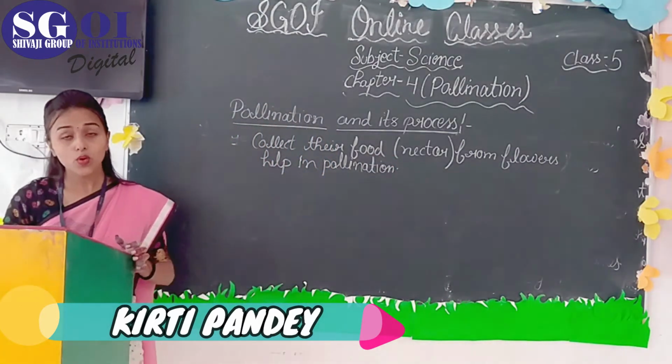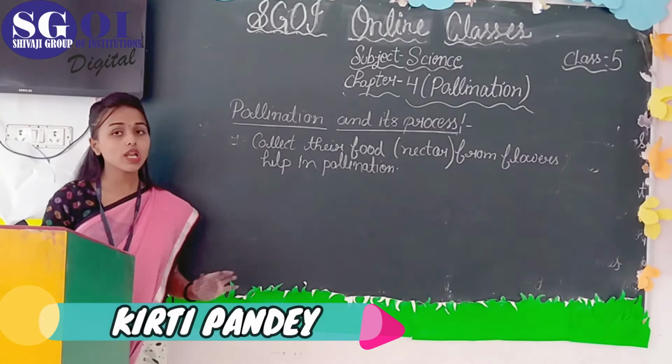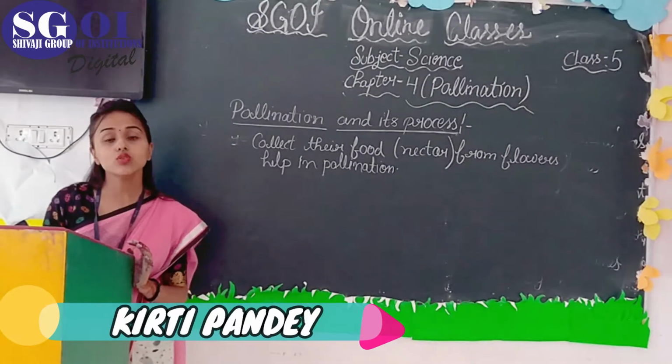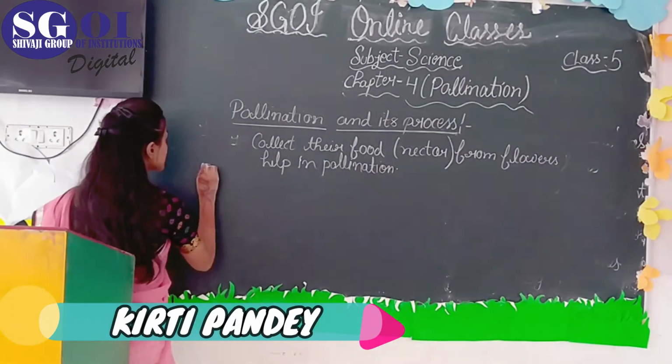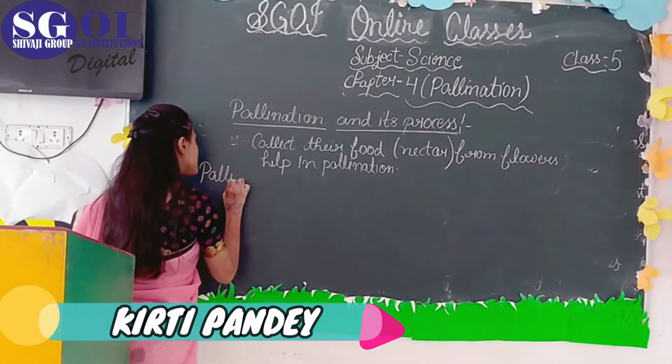The process of transfer of pollen grains from anther to stigma is called pollination. So students, first I am going to explain what pollination is.